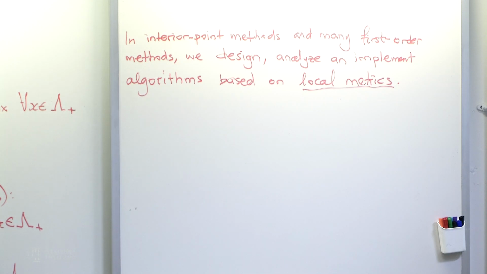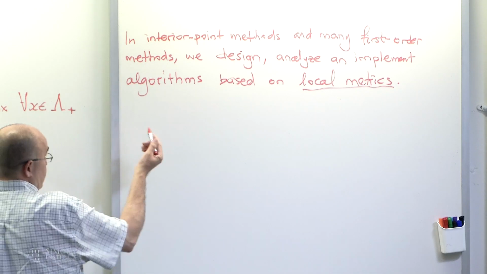So each function like this induces a local metric with its Hessian at that point. And that relates to geometry.